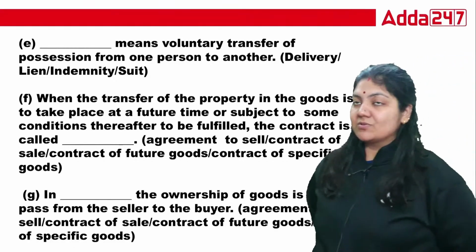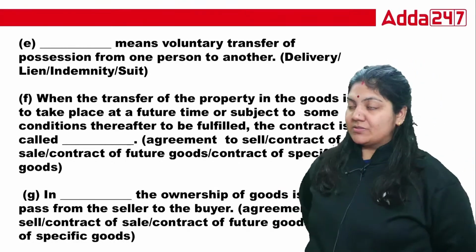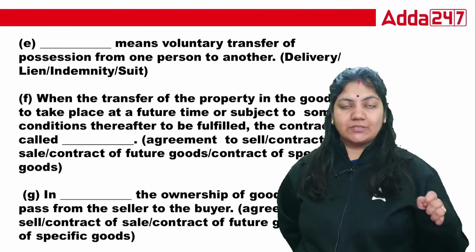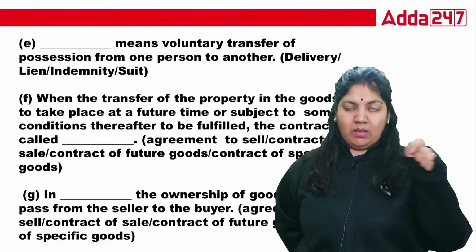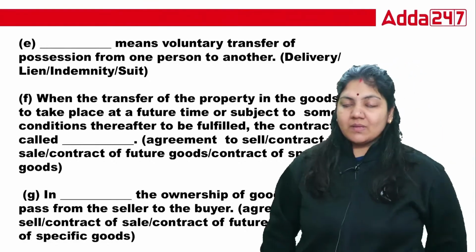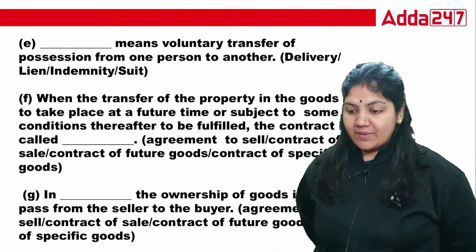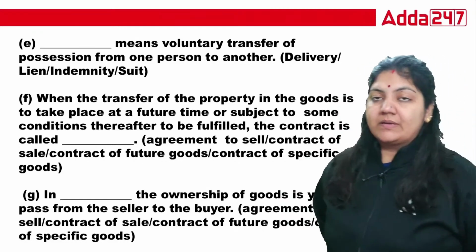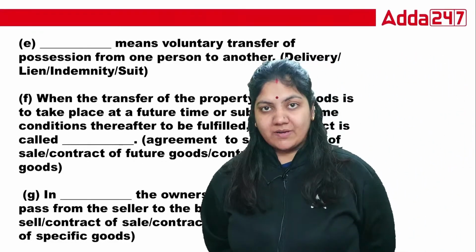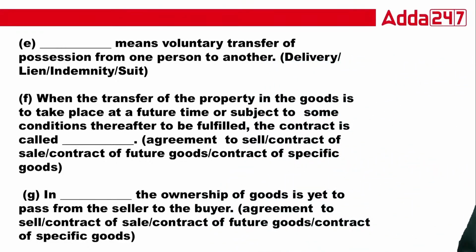See class, the questions can come in true and false form or other forms. So you have to understand the things, because the question can become a case study question or paragraph-wise question. So, voluntary transfer is called delivery. Delivery is the right answer.